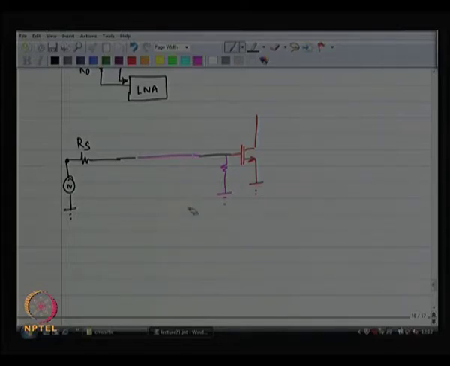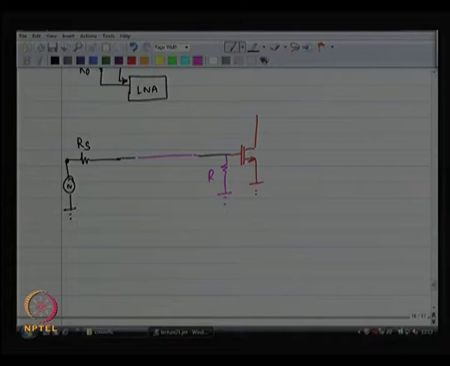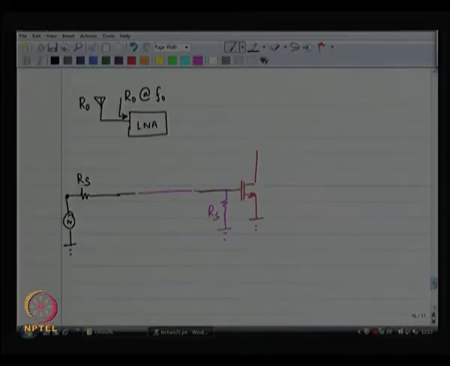So, let us safely ignore the capacitance contributed by the gate of the MOSFET, CGS, CGD, etc. So, all that has been taken care of by the matching network. So, I have got RS and presumably you are going to put another RS over here and you are going to get beautiful matching, and this should work, right. So, under your list of objectives, let us call this the zeroth cut design.